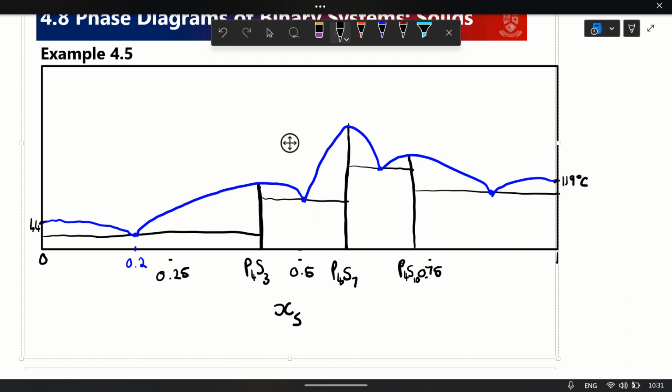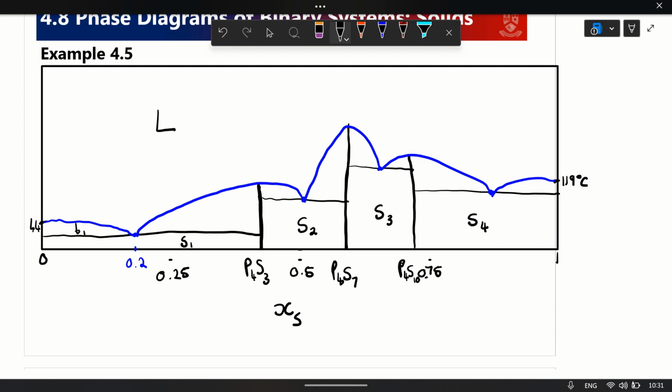Okay, so now we're left with having to figure out what the regions are. So we of course have a liquid region on top here. We have a bunch of solid regions we can immediately identify. We call them solid 1, 2, 3, 4 because we'll discuss what they are just now. And then we have a bunch of solid-liquid regions.